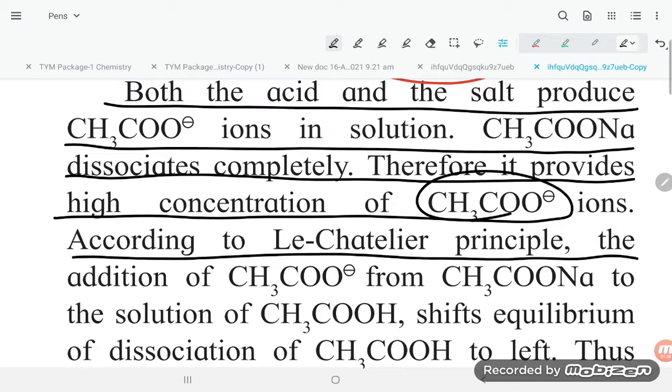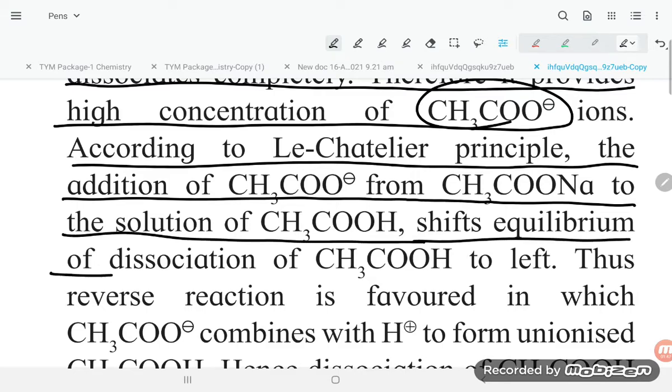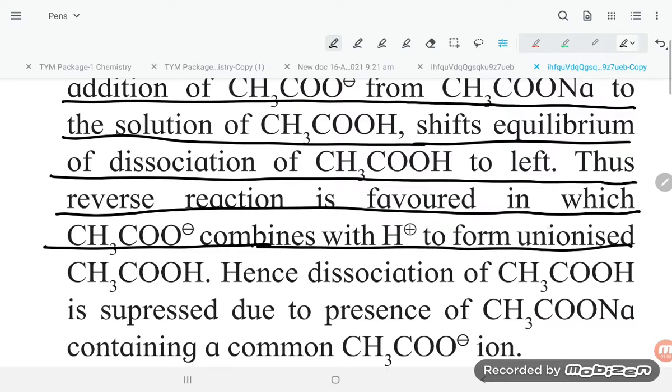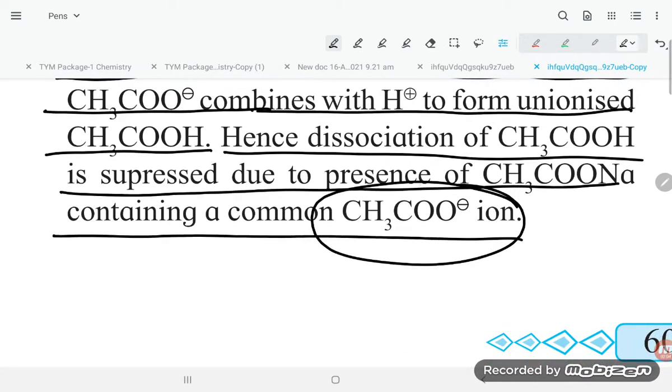According to Le Chatelier's principle, the addition of acetate from the sodium acetate to the acetic acid solution shifts the equilibrium of dissociation to the left. Thus, the reaction in which CH3COO- combines to form unionized acetic acid is favored. Hence, dissociation of acetic acid is suppressed due to the presence of sodium acetate containing the common acetate ion.